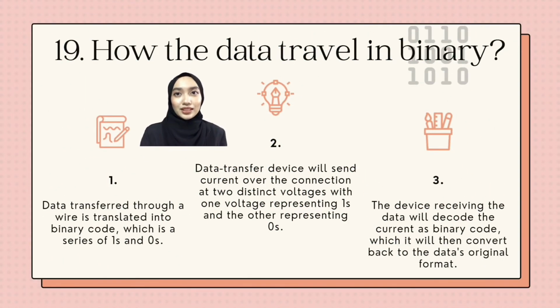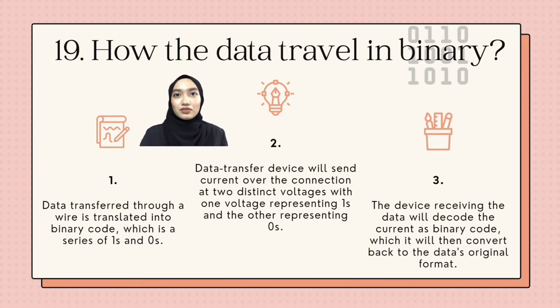Next, we want to see how the data travel in binary. Data transferred through a wire is translated into binary code, which is a series of electrical pulses, one representing ones and the other representing zeros.